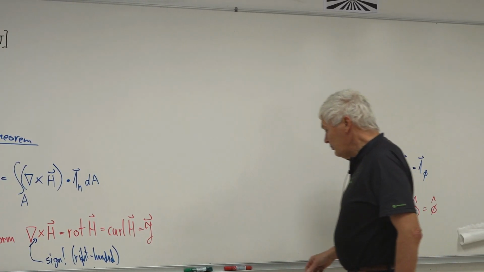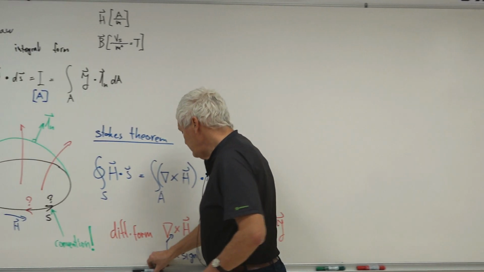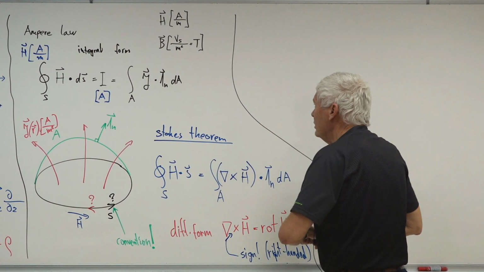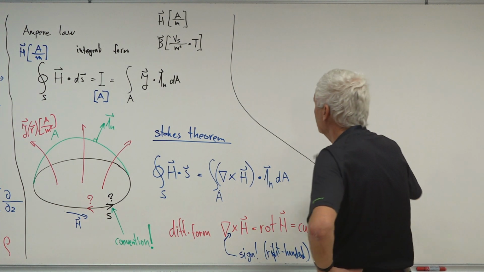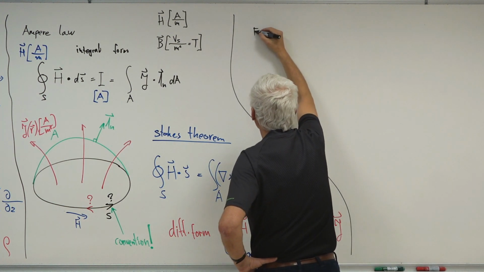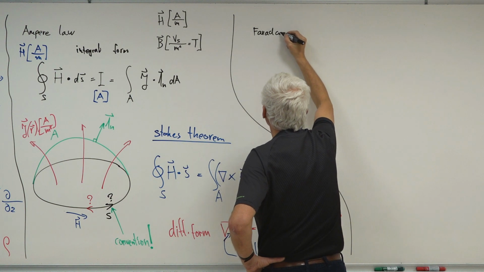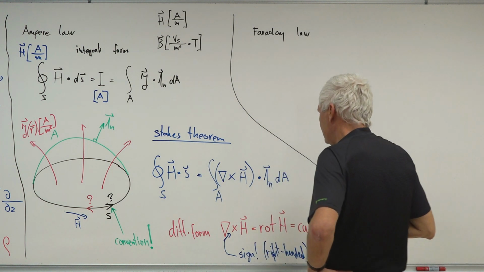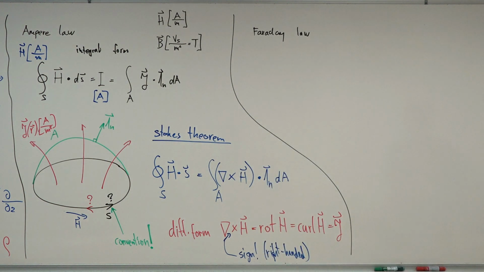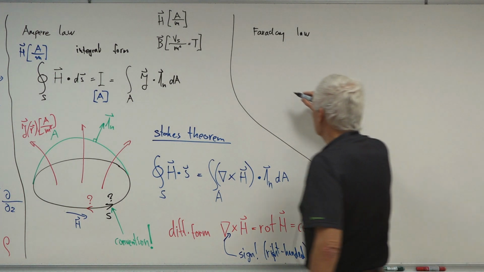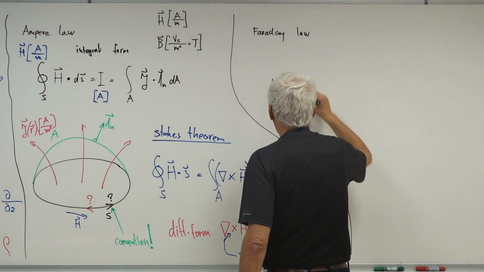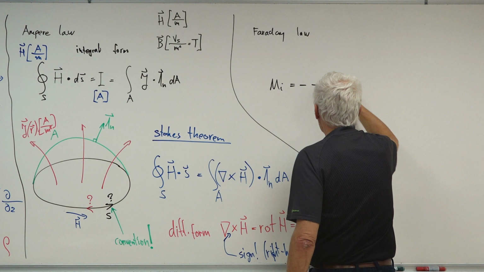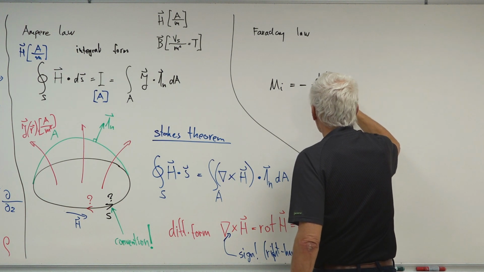So we have yet another formula talking about magnetic quantities, the Faraday Law of Induction. What does the Faraday law say? The Faraday law says that the induced voltage in a loop is equal to the derivative of the flux over time.